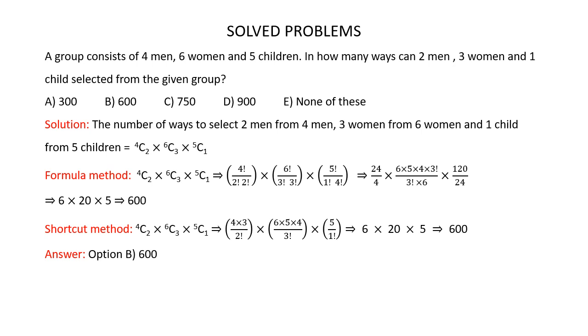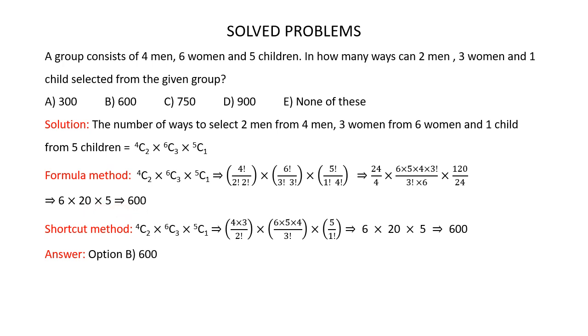The 6 in the numerator and the 6 in the denominator also get cancelled out and we are left with 5 multiplied by 4, which is 20, multiplied by 5 factorial is 120, 4 factorial is 24. 120 divided by 24 is 5. So 6 multiplied by 20 multiplied by 5 is 600.